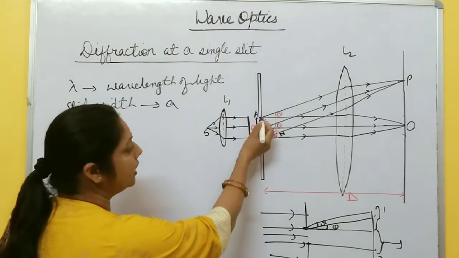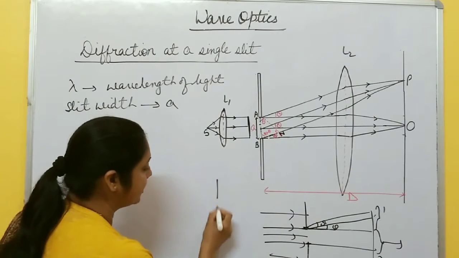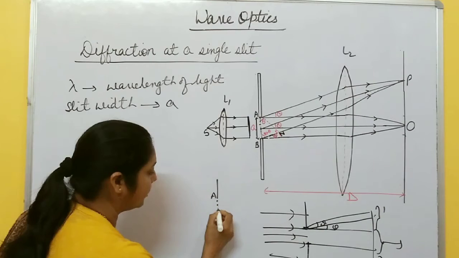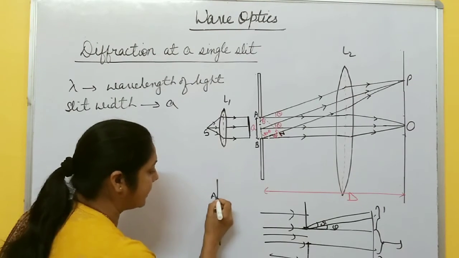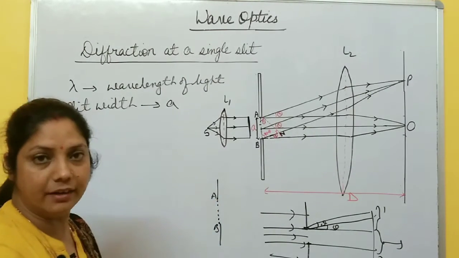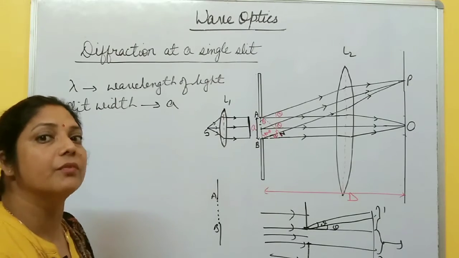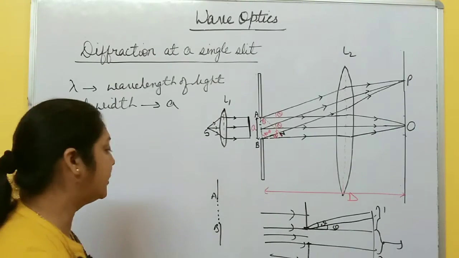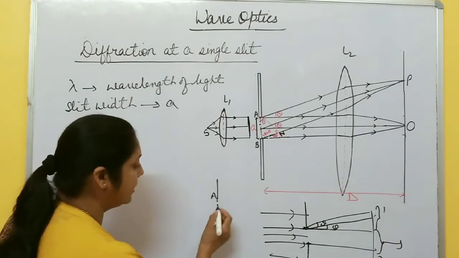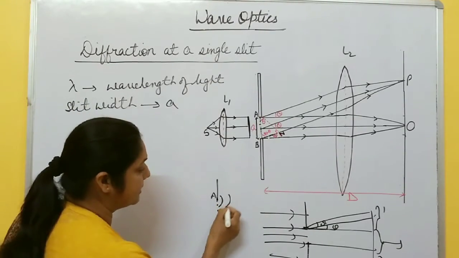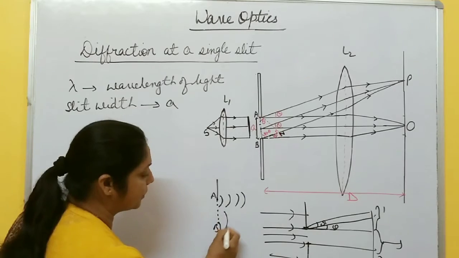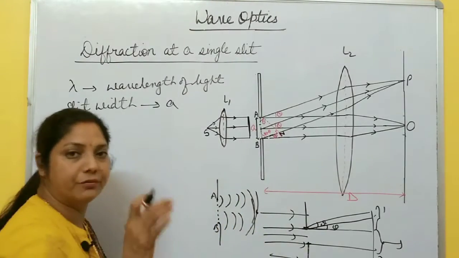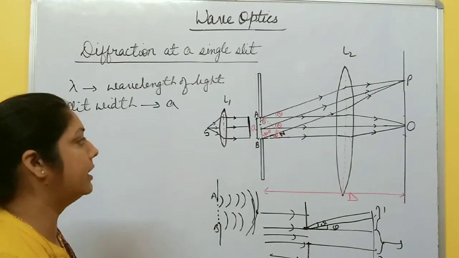Here also, each point of this slit AB acts as a source of secondary wavelets, and they spread in all possible directions in the same phase, and this causes diffraction. The disturbance goes like this, this point also goes like this, and they superimpose and form a diffraction pattern on the screen.